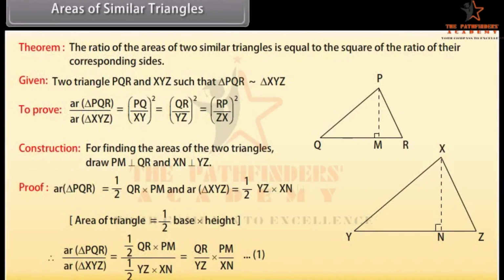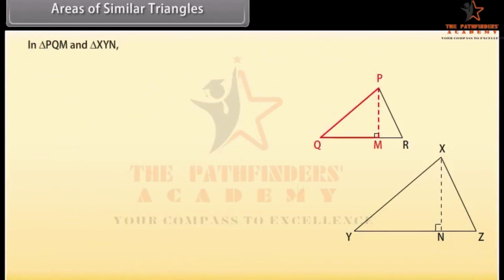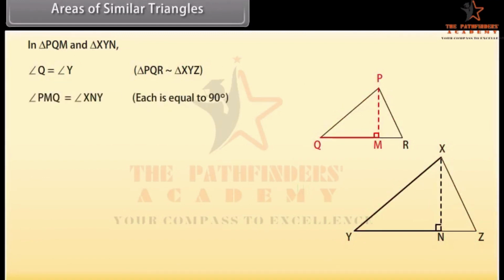Mark it as 1. In triangle PQM and XYN, angle Q is equal to angle Y, since triangle PQR is similar to triangle XYZ. Angle PMQ equals angle XNY, each angle is equal to 90 degrees.